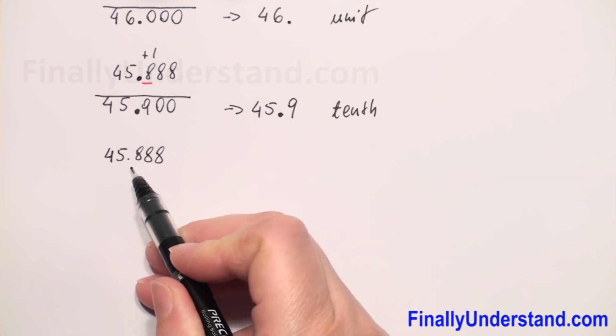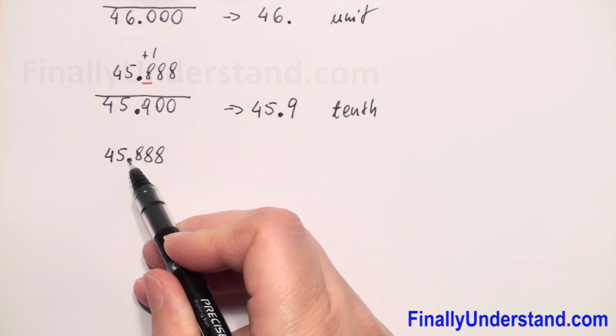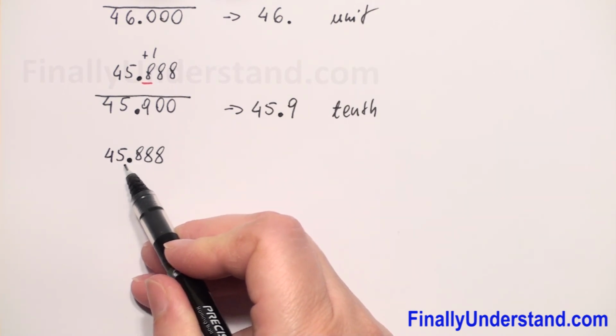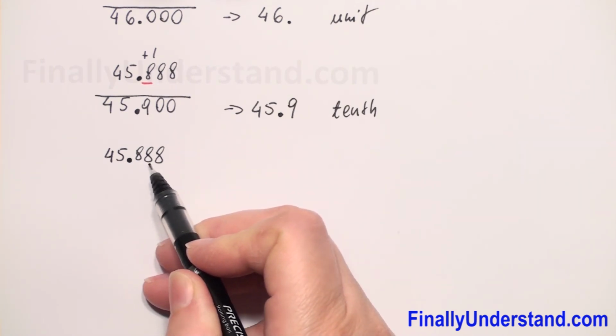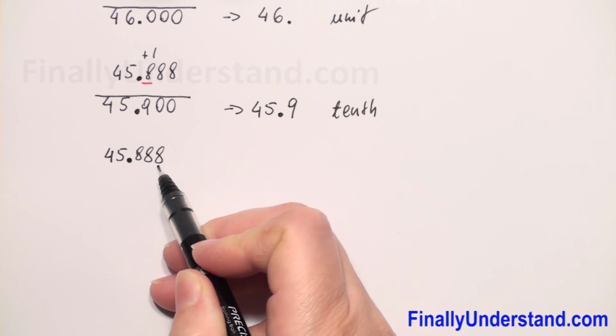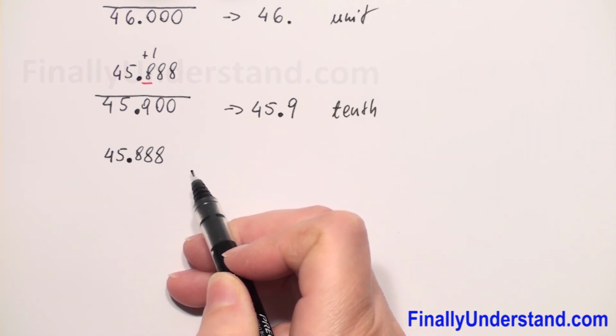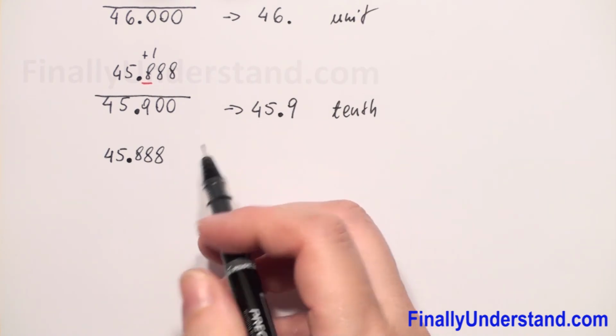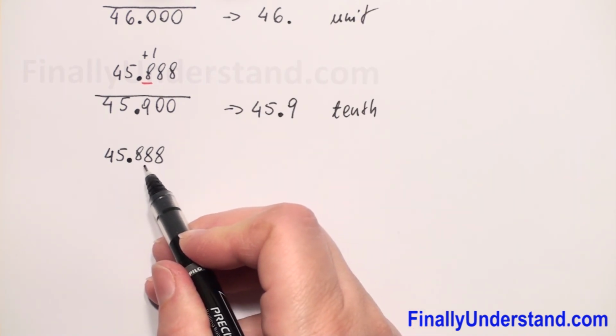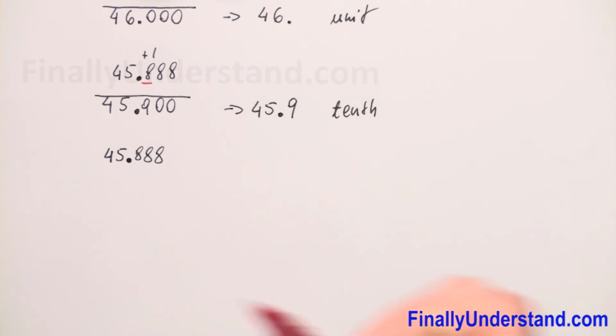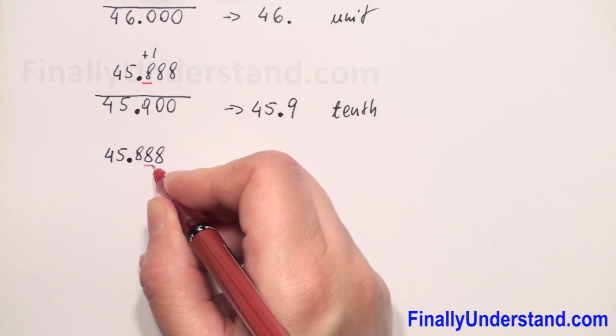We need to memorize that the decimal point is between unit and tenth, and next we have hundredth, thousandth, ten thousandth, hundred thousandth, millions, and so on. So the hundredth is our second 8.